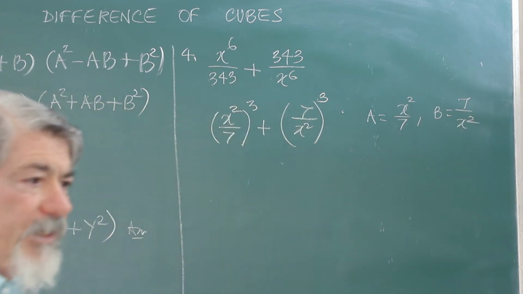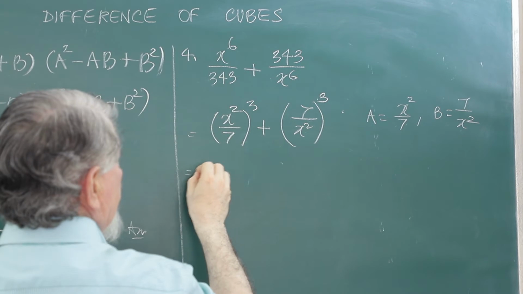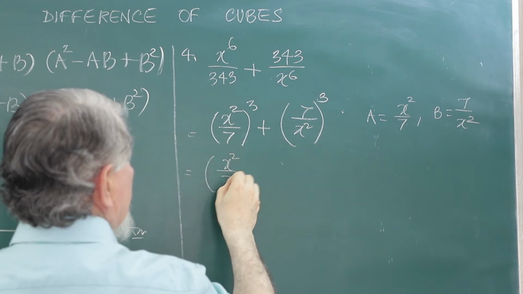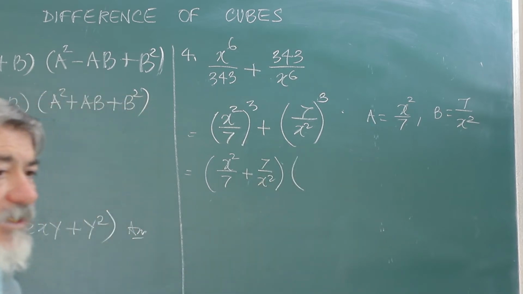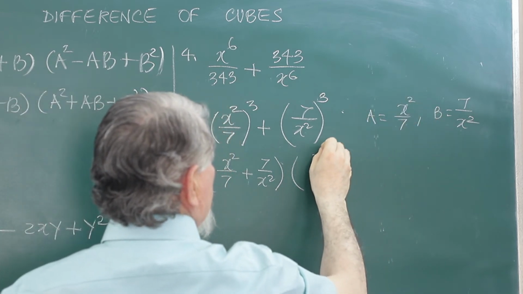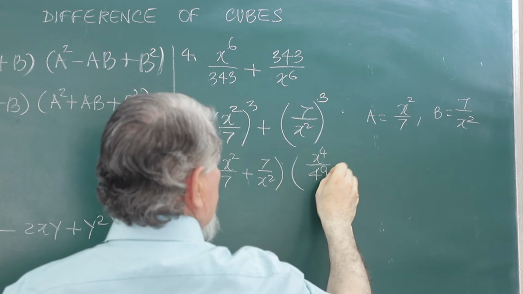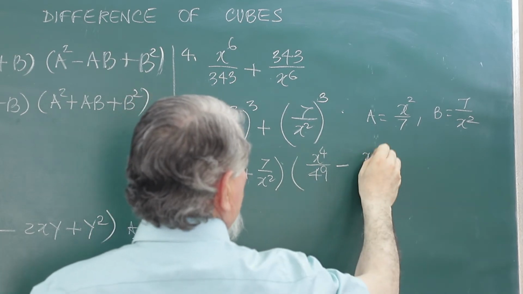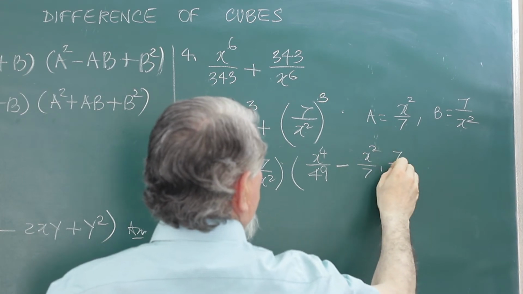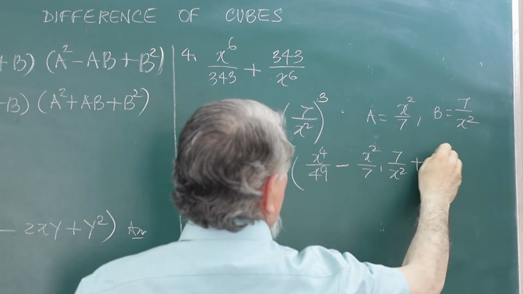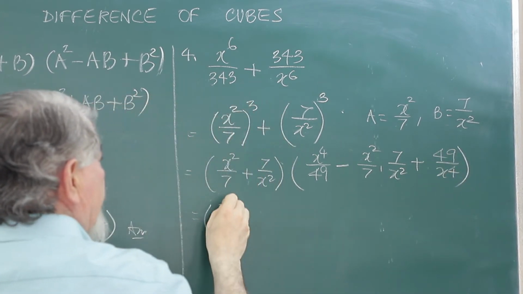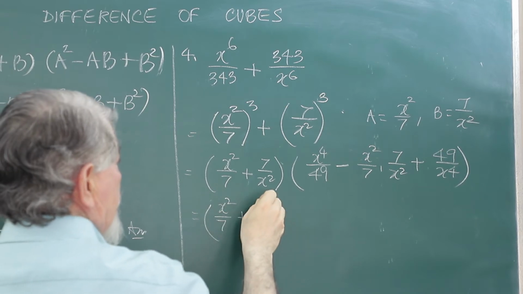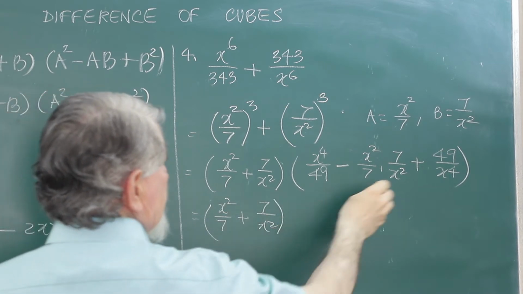Then you can write a plus b. The first factor is a plus b, which is x square upon 7 plus 7 upon x square, into a square, the square of the first term, that is x to the power 4 upon 49, minus ab, x square upon 7 into 7 upon x square, plus 49 upon x to the power 4. So this will cancel.